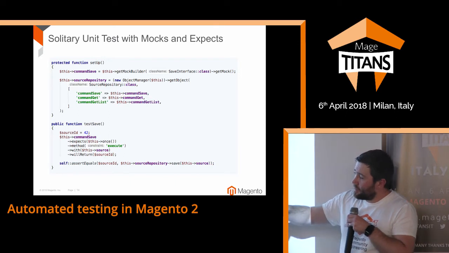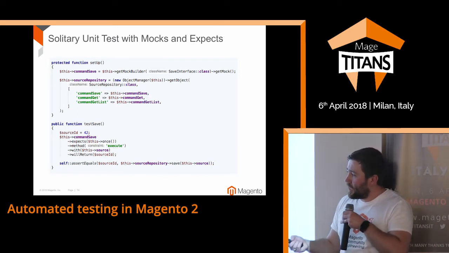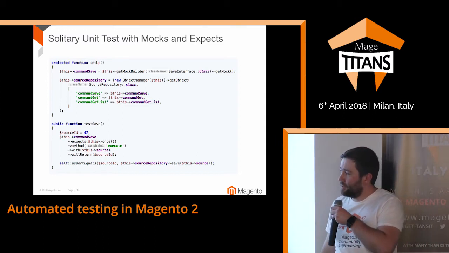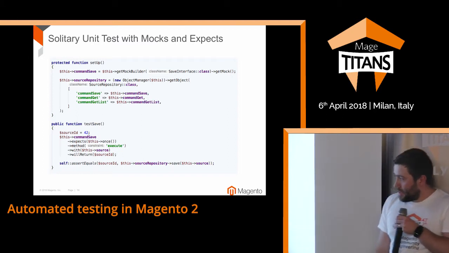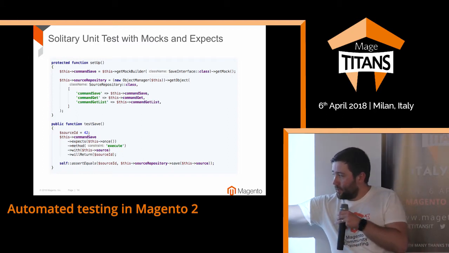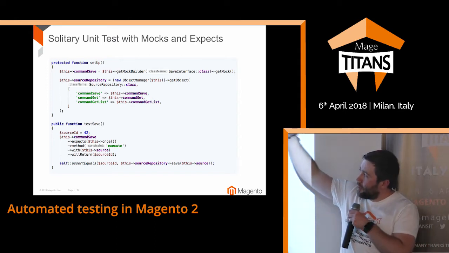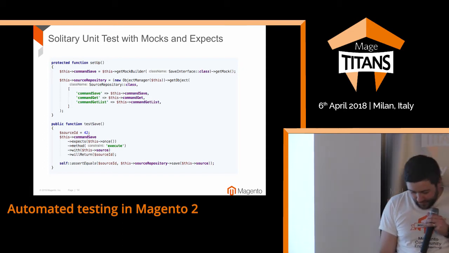For example, we say that the method execute is supposed to be called just once with the given source parameter as input, and this method is supposed to return the source ID. After that we call the method, and we have the assertion that the output of the service is the same as what we expect.